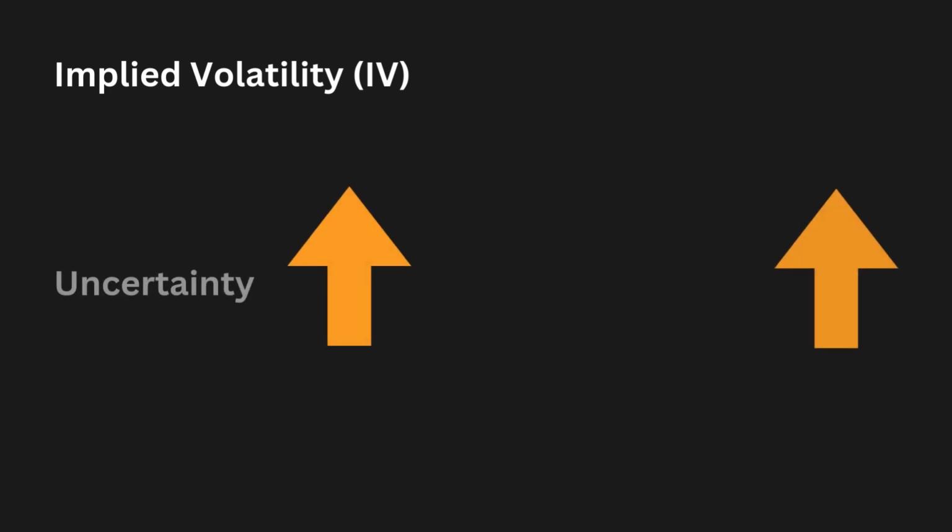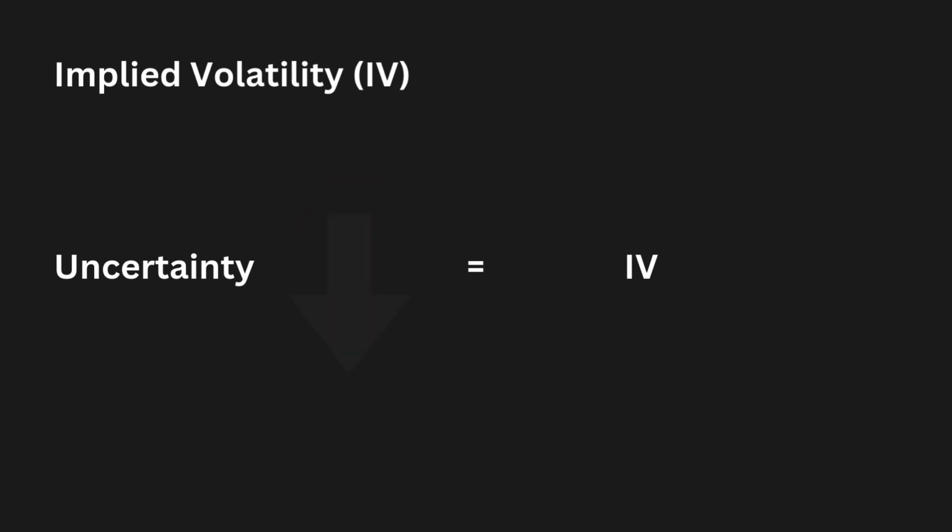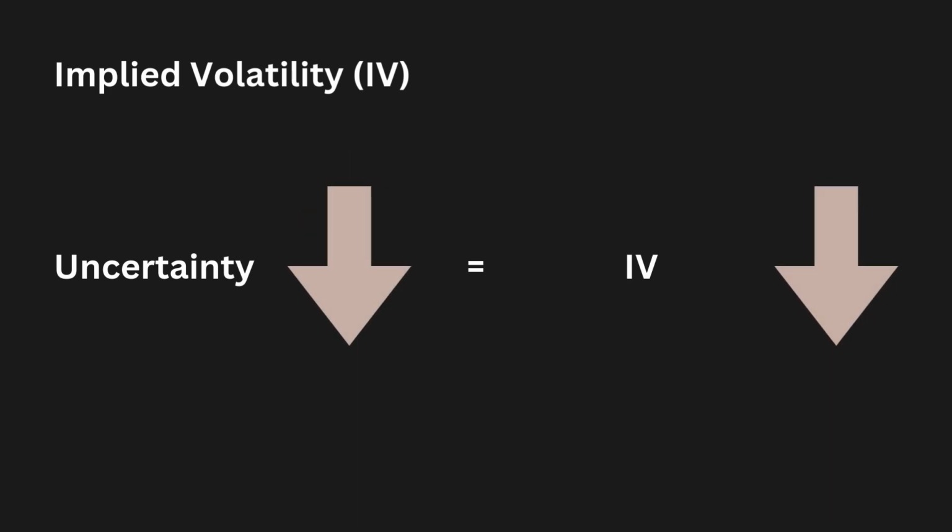In other words, high IV indicates greater uncertainty or significant expected price movements. This often happens around major events like earnings announcements or geopolitical events, while low IV suggests less uncertainty and smaller expected price swings. Okay, but how does this help us?